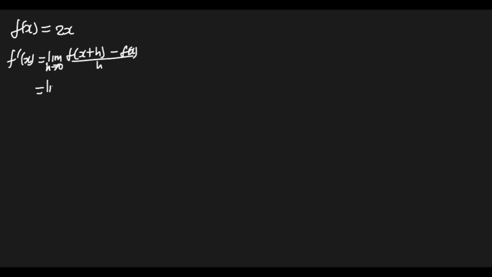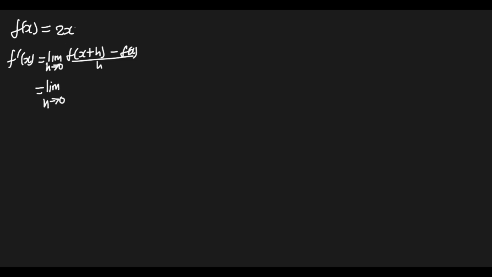What if we have a function like this one, a linear function? So f of x is equal to 2x. Now the formula is f prime of x is equal to the limit as h approaches 0 of f(x plus h) minus f(x), over h. Now the first step here, since we can see that we have the variable x, is to write our limit as h approaches 0.